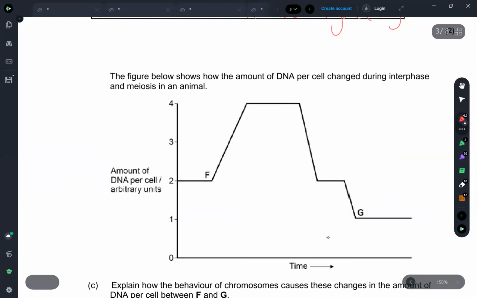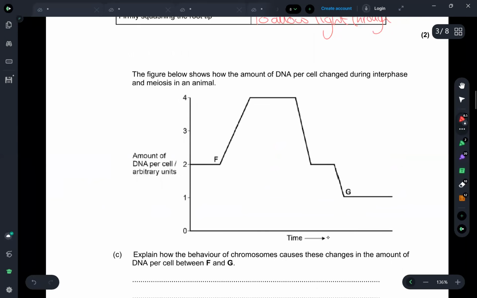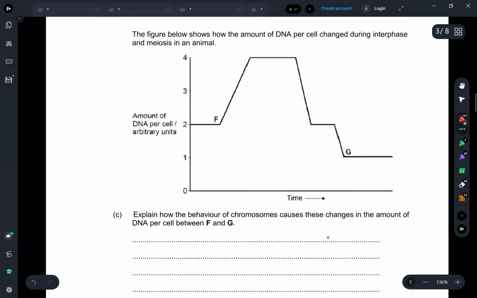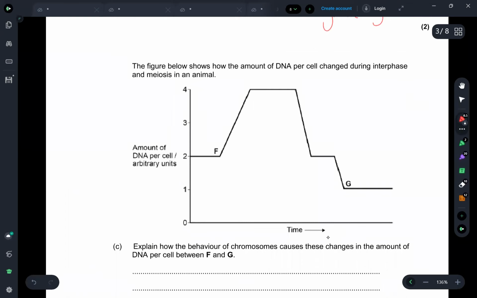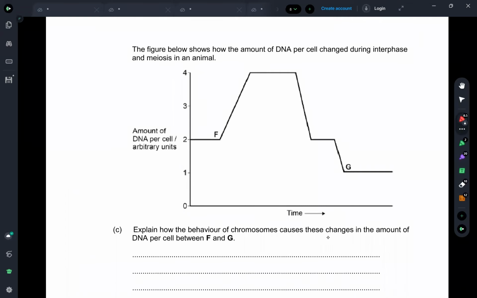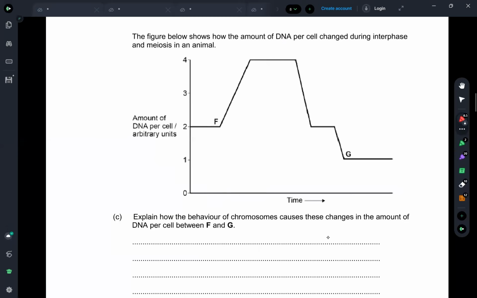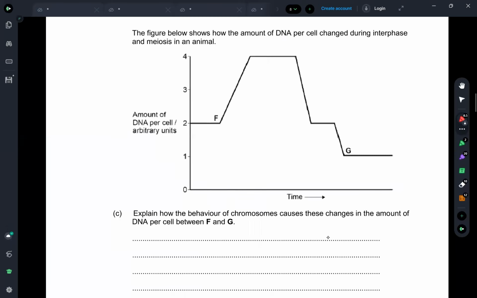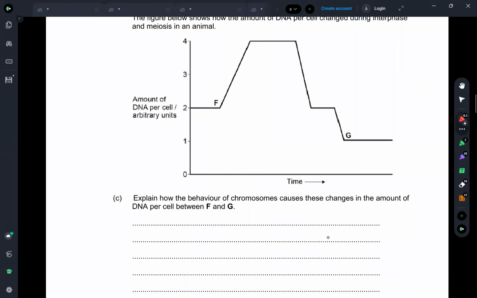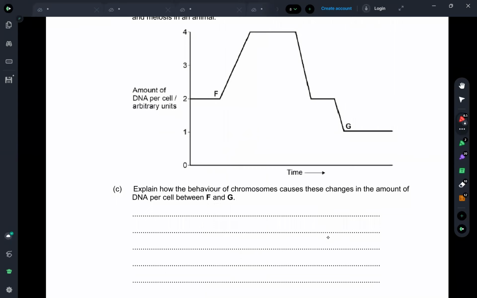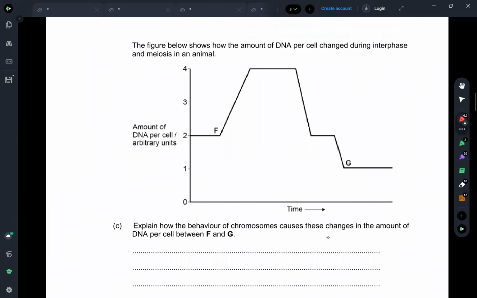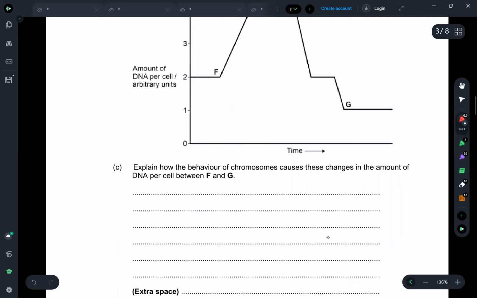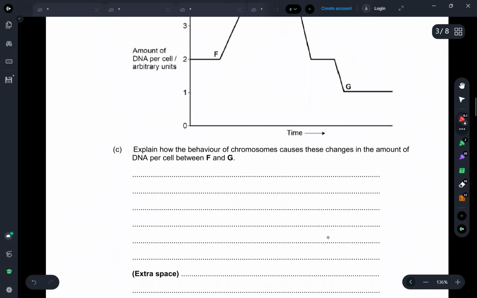So the figure below shows how the amount of DNA per cell changed during interphase and meiosis in an animal. Explain how the behavior of chromosomes causes these changes in the amount of DNA per cell between F and G. I'm going to go through this, but obviously we've been looking at mitosis, but it does sort of cover it.